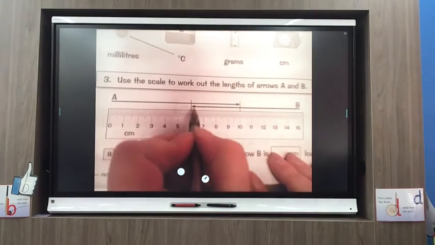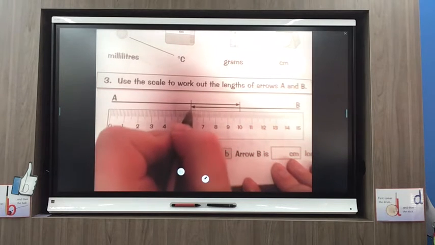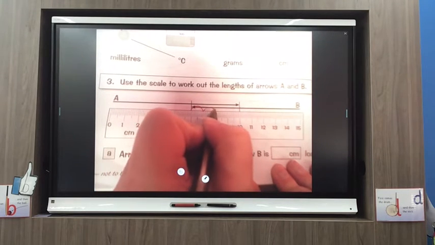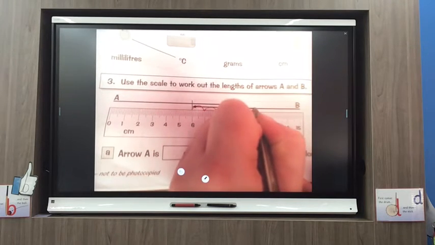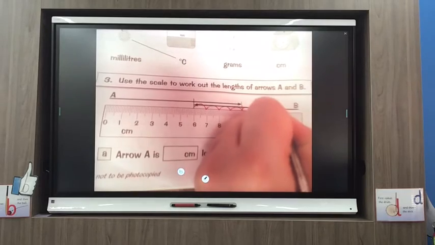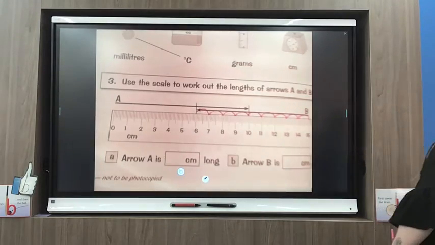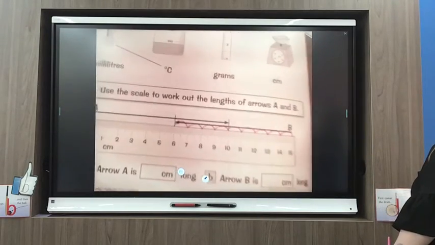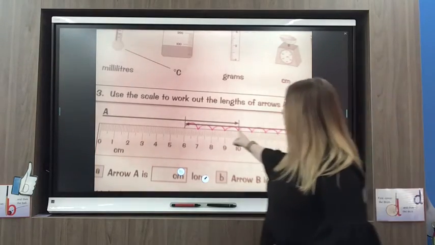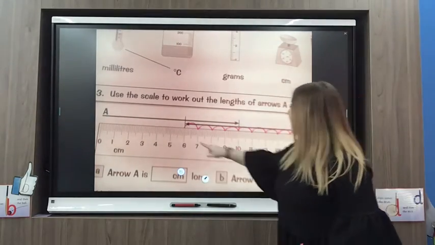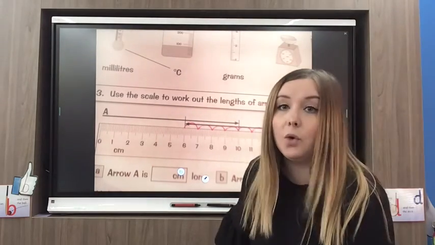So arrow B starts here, okay, so that's where it ends, and I'm going to count up in centimetres. 1, 2, 3, 4, 5, 6, 7, 8, 9. So you can see that to get from the end of my line all the way to the start, I did this many jumps, and I want you to use that to help you, Year 4.